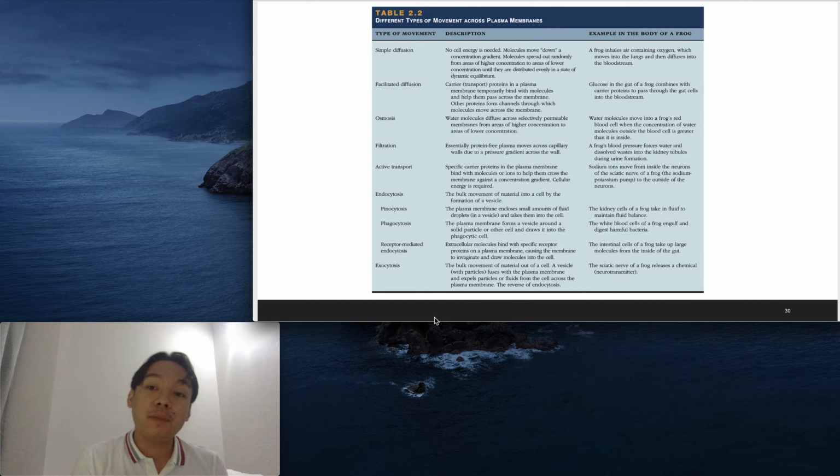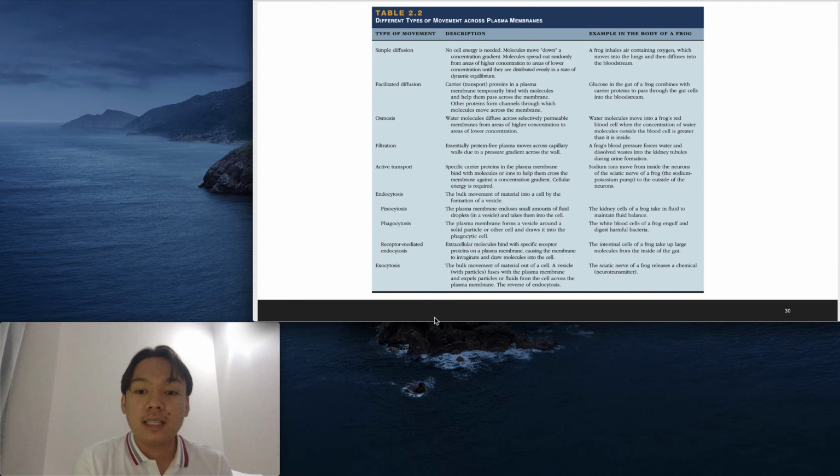When you examine the frog's red blood cell, when the concentration of water molecules outside the blood cell is greater than the inside, water will come inside the cell. We also have filtration, active transport, and endocytosis, which is the bulk movement into your cell by forming a vesicle.